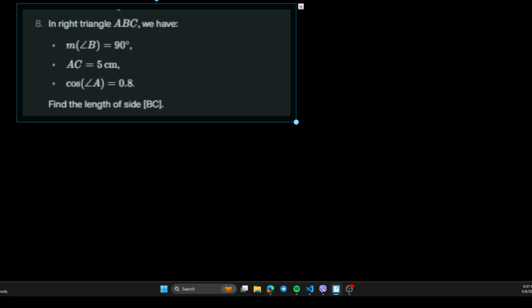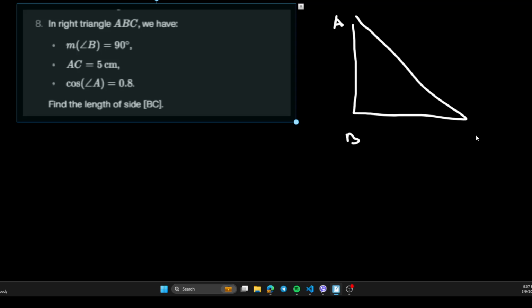In the right triangle ABC, the measurement of angle B is 90 degrees, so we know that B is the right angle. AC, the hypotenuse, is 5 centimeters, and the cosine of the measurement of A is 0.8.